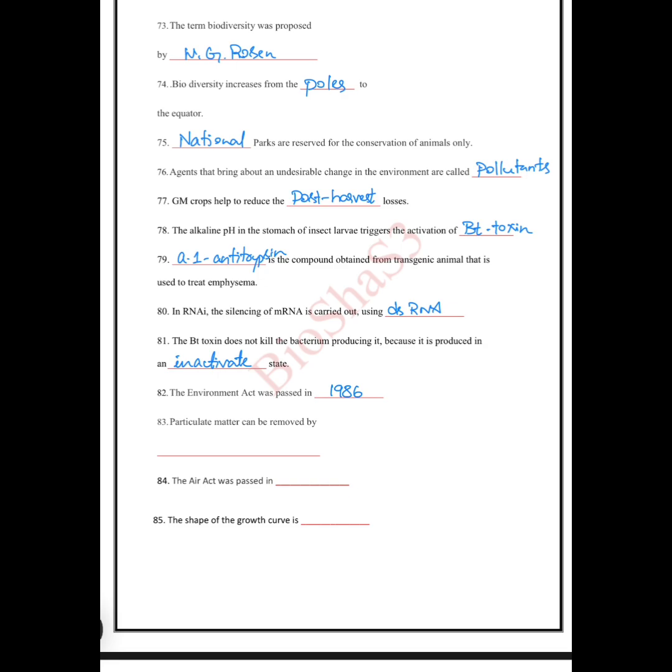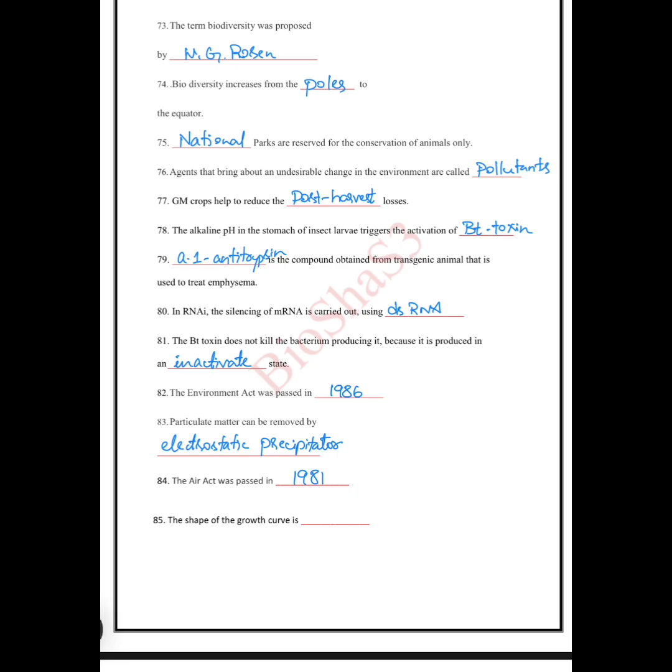Particulate matter can be removed by electrostatic precipitator. The Air Act was passed in 1981.